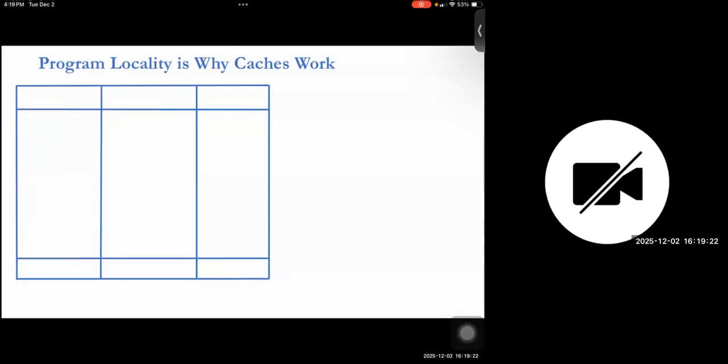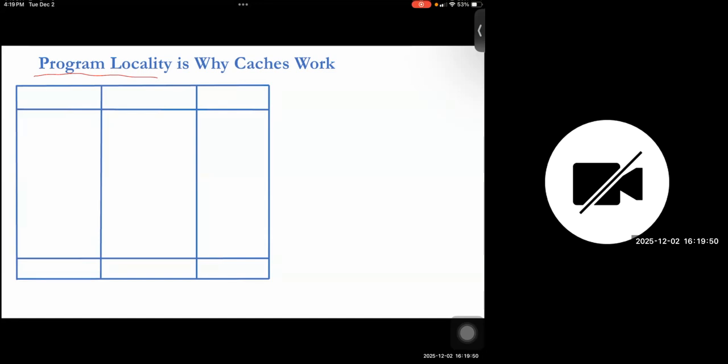How these caches help to improve the performance of a processor, because why these caches are needed or how these caches work, let's see. For program locality, for any program, we know that the concepts of program locality are there.